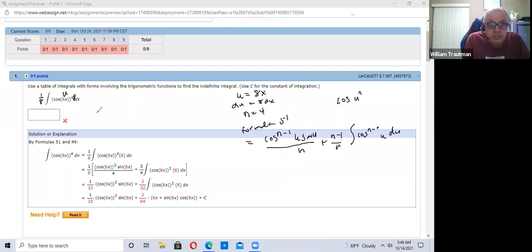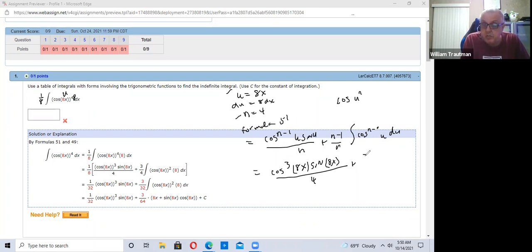So all we're doing is plugging in u and n into the formula. N equals 4 minus 1, so we have cosine 3. U, once again, is 8x. Sine u, which is 8x. Over n is 4.